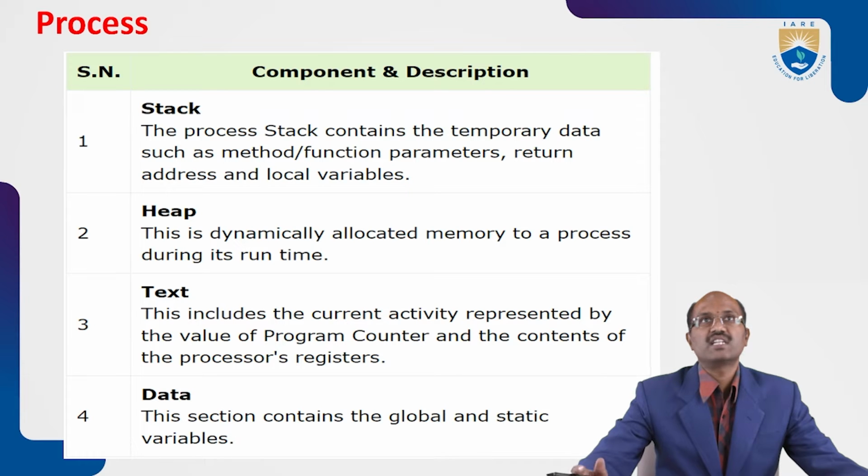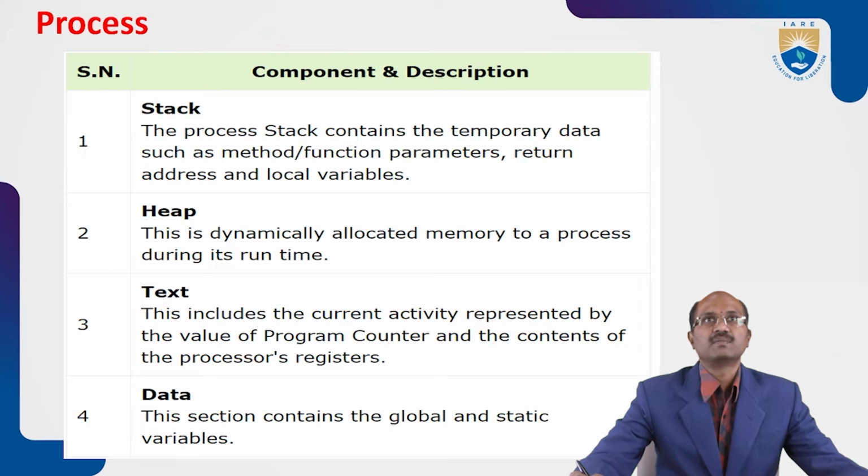The first section is the stack, the main component of the process. The process stack contains temporary data such as method or function parameters, return address, and local variables. Next is the heap, which is memory dynamically allocated to a process during its runtime.